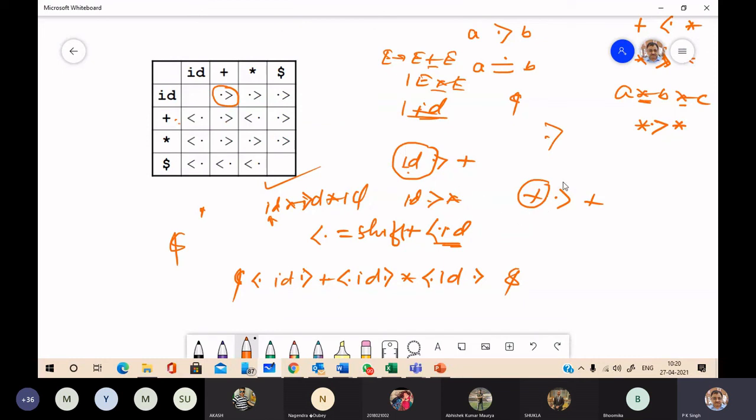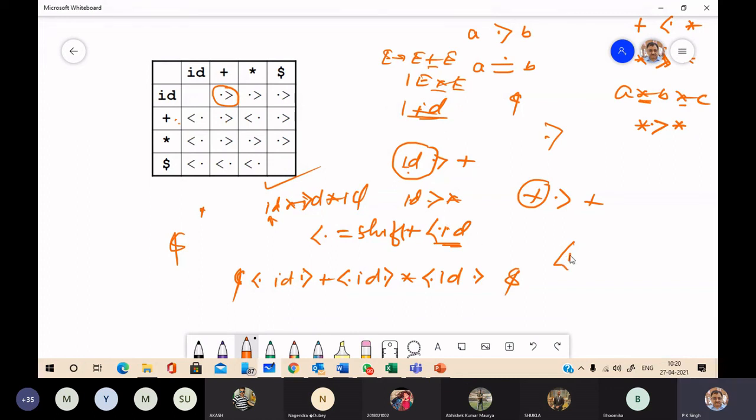We have to scan the content of the stack by popping symbol by symbol. When we get this relation between two consecutive symbols, that is the termination.